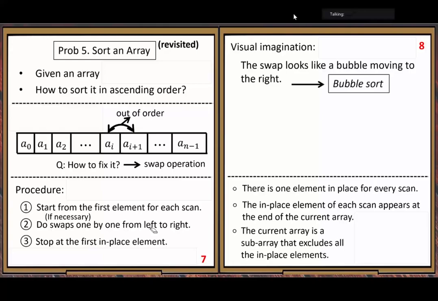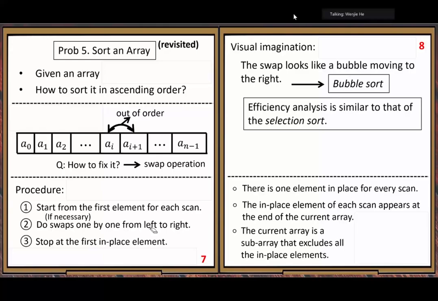So that's the bubble sort. That's our second sort. For the second sort, we can also do efficiency analysis, but it is the same as the efficiency analysis of selection sort.